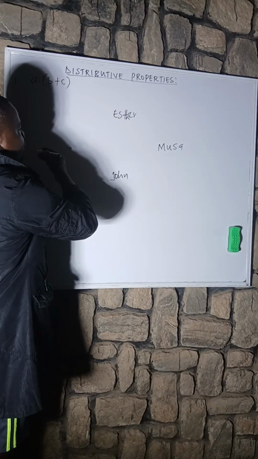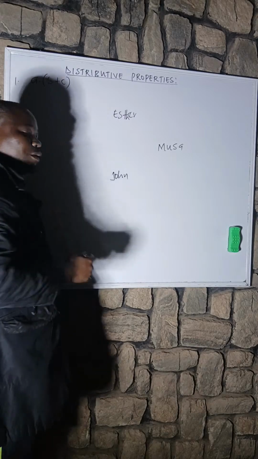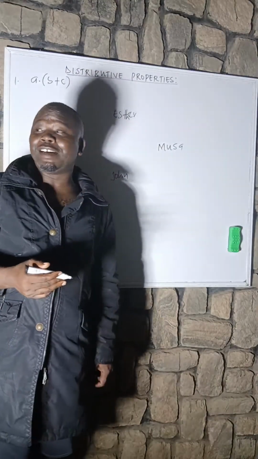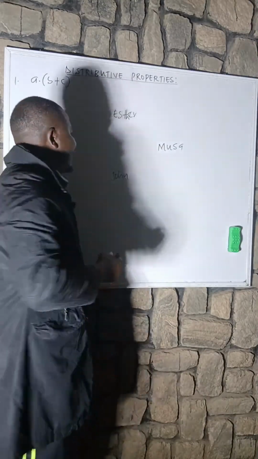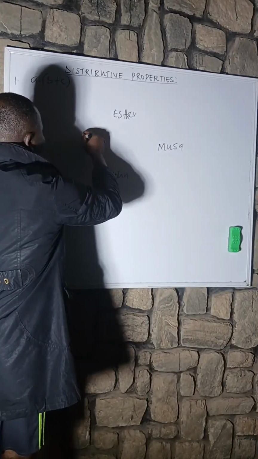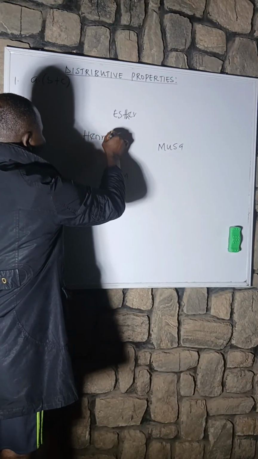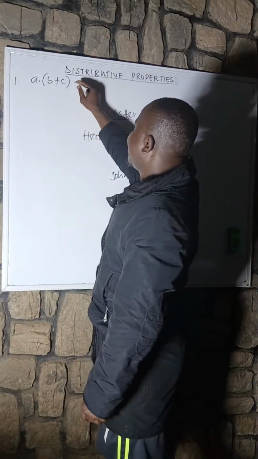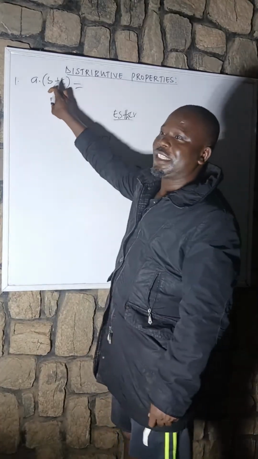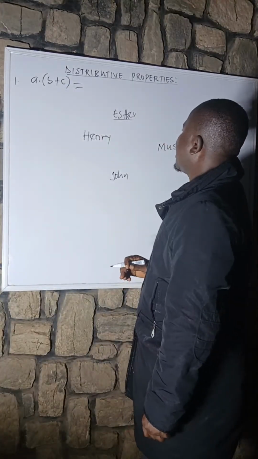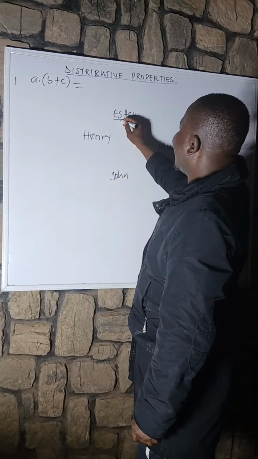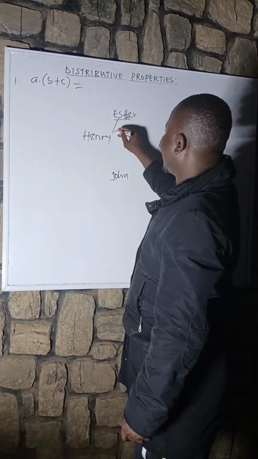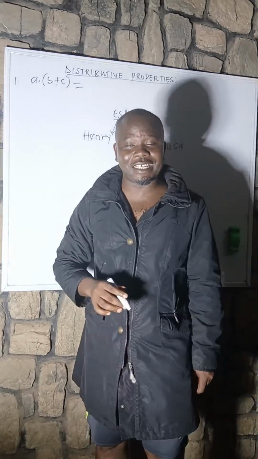Let us have Eddie. Yes, I know Brother Eddie is here. I'm trying to explain the distributive law, and we are going to see it here mathematically. You can now see that Esther will go and collect, but I don't know what Eddie is going to collect from Esther.